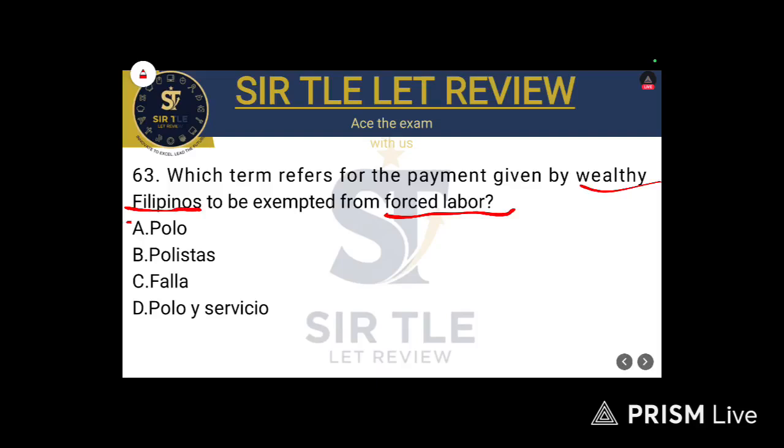The forced labor, ito yung polo y servicio. Okay, ito yung what do you call this? Let's say the formal rule established by the Spaniards na mag-forced labor, yung hindi makakabayad or hindi exempted.